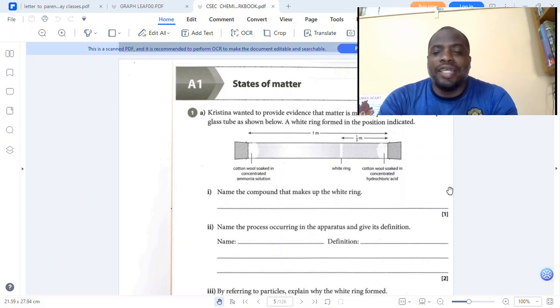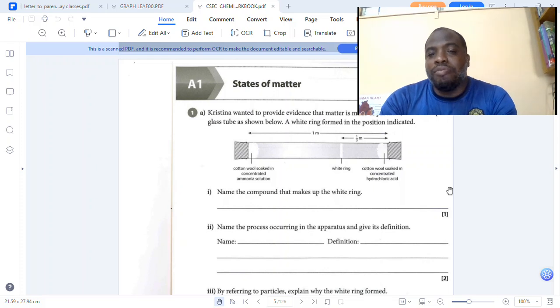In terms of hydrochloric acid, we're talking about hydrogen again, and this time chlorine. Chlorine 35.5 for the atomic mass. 1 hydrogen is 1. When you look at that, that is 36.5.